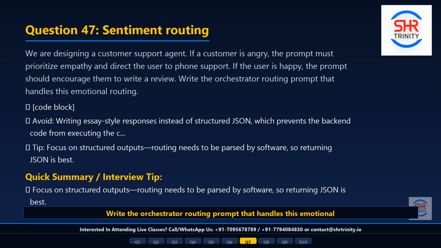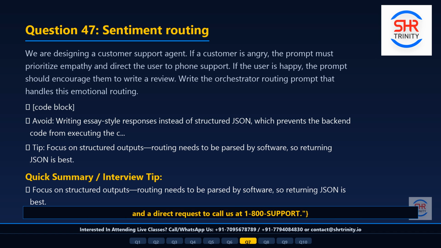Routing rules. 1. If the sentiment is negative (angry, frustrated, disappointed), output JSON: route: empathy_redirect, reply: a sincere apology message and a direct request to call us at 1-800-SUPPORT. 2.